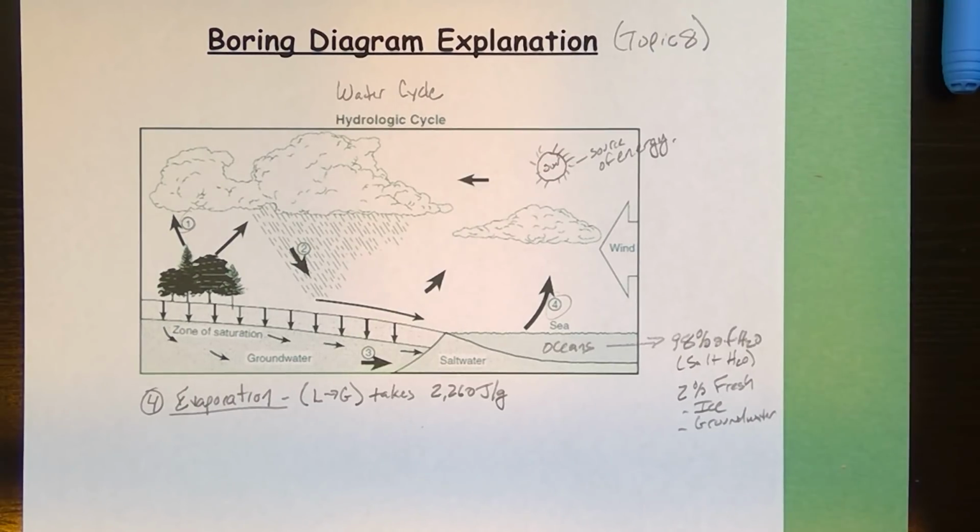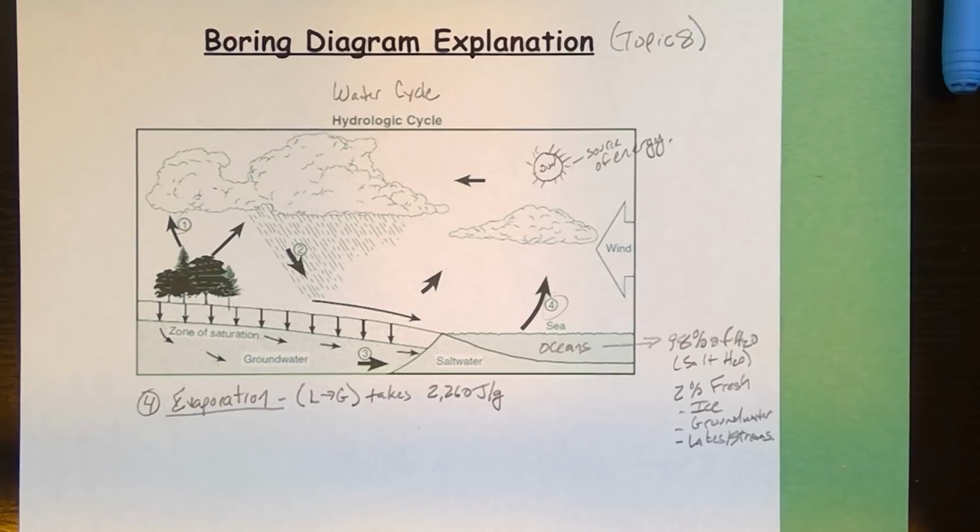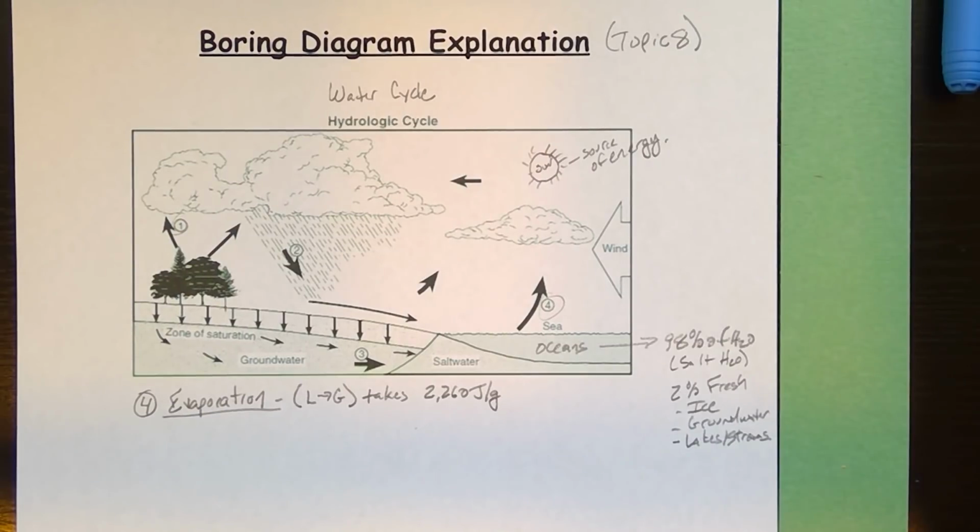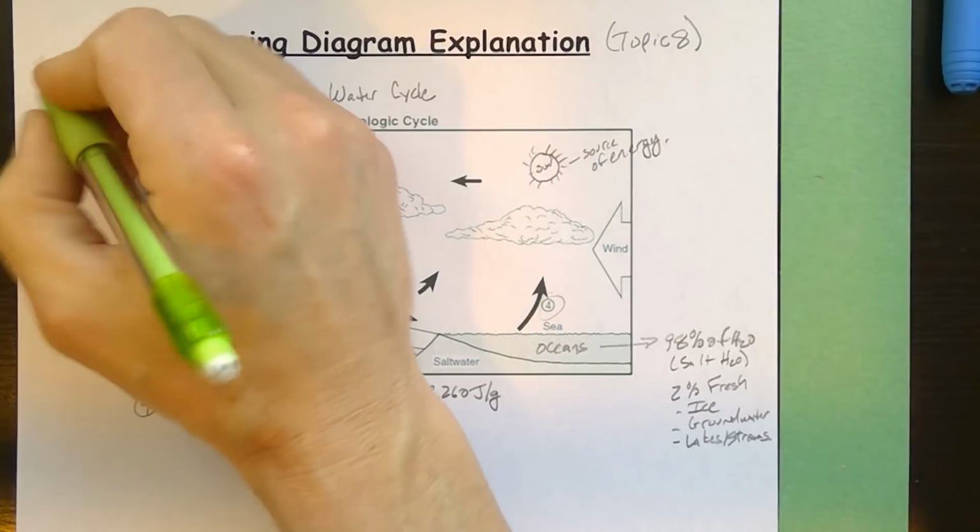Okay, it's also found in lakes and streams. What's important with the water cycle is it constantly is providing fresh water to us. So that's one of the things that makes water a renewable resource.